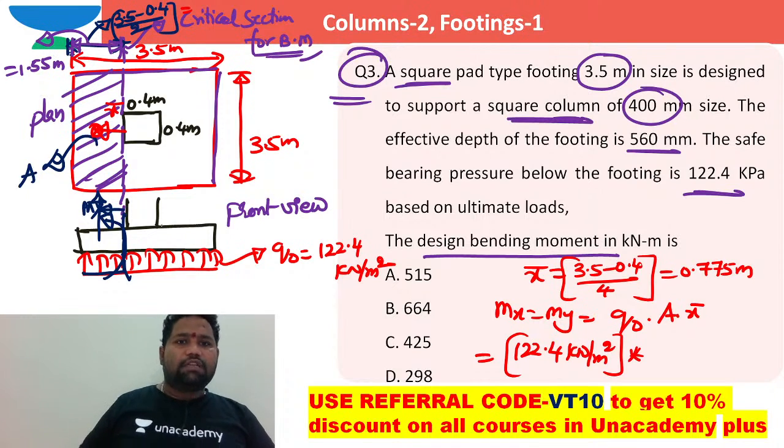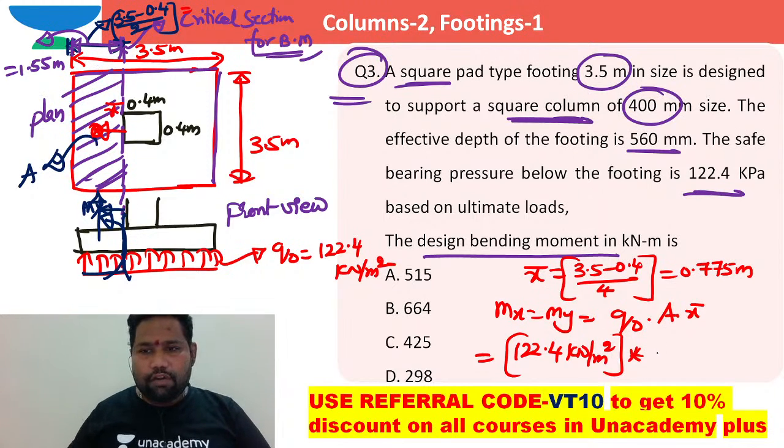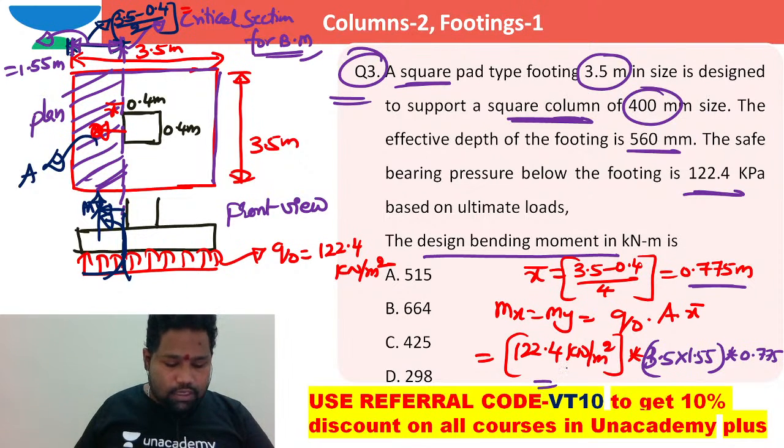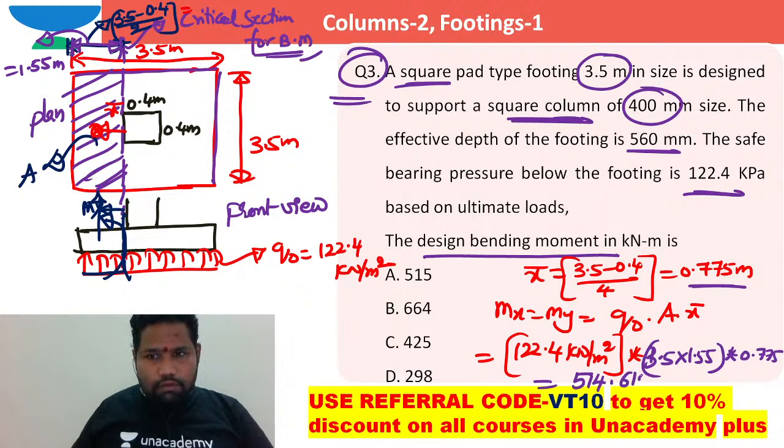So the area of the hatched portion is 3.5 meter into 1.55. This is the area into x bar, but x bar is 0.775. If you do this, we are going to get the bending moment in kilonewton meter, right? So what is that bending moment, brother? Which is 514.615 kilonewton meter.